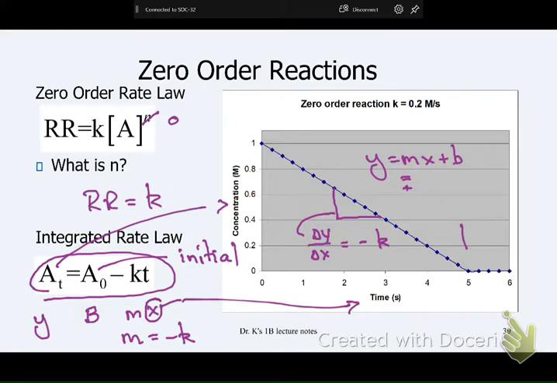So if you were to do the experiment today where you're measuring the concentration of dye as a function of time, and it wasn't a straight line, what would that tell you? If it is a straight line, what does it tell you? Concentration versus time, and you do the experiment, and it looks just like that.